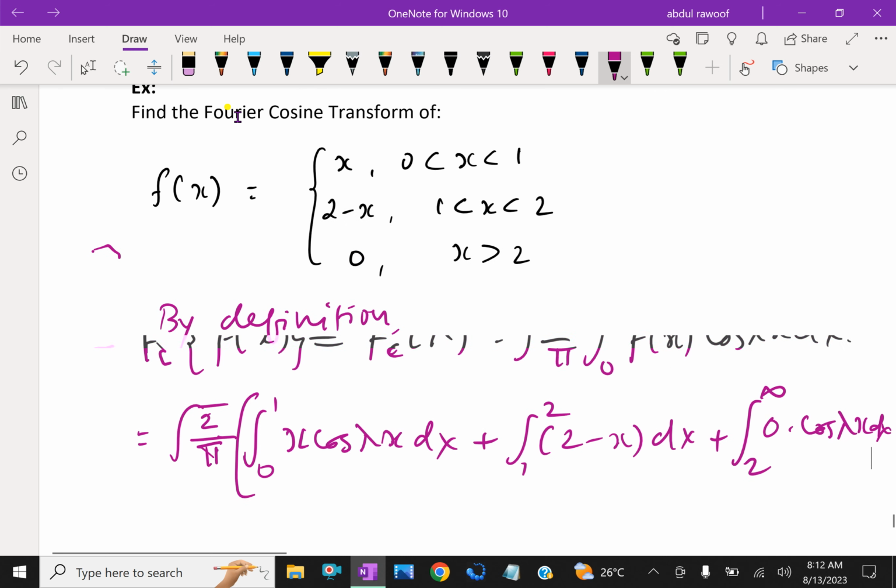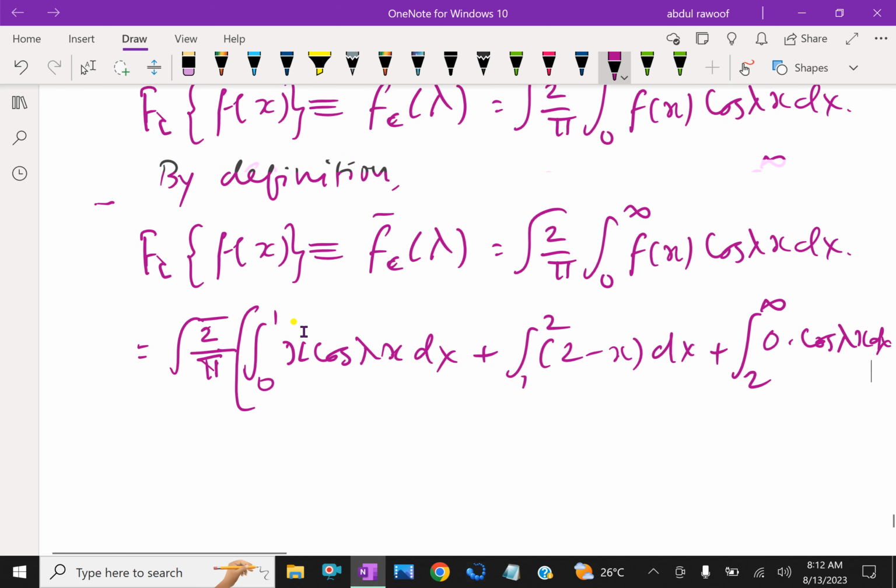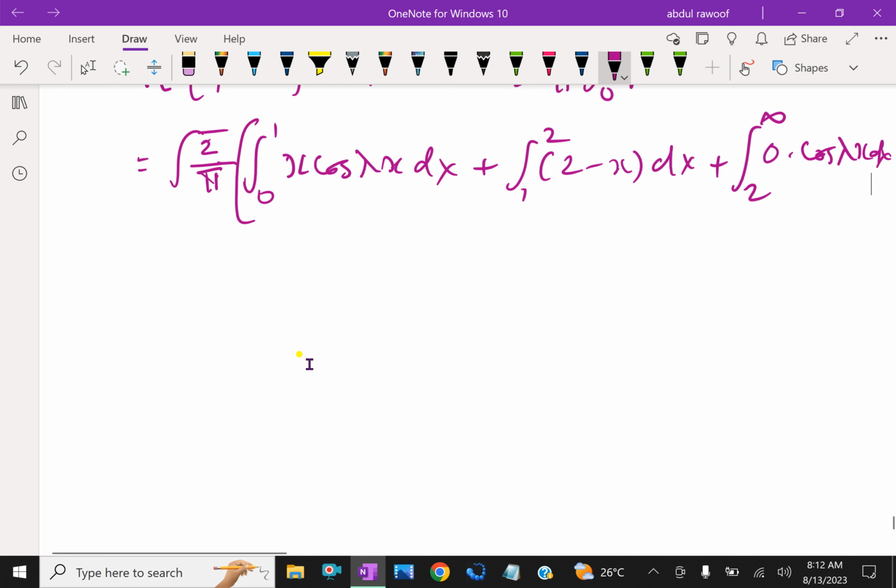So we split the piecewise function and give the result.